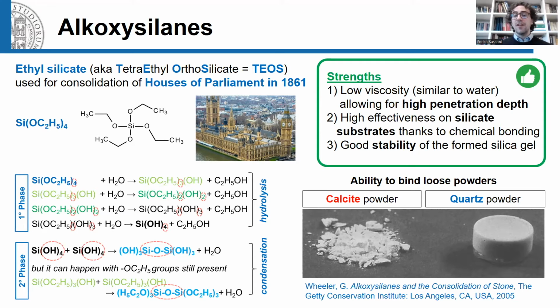So in the end, the effectiveness on calcitic substrate is much lower than that on silicate ones. Nonetheless, among the strengths of ethyl silicate, we have its very low viscosity, so it's able to penetrate in depth into the stone, and again, it can effectively bond the silicate grains, and it has a good stability over time.